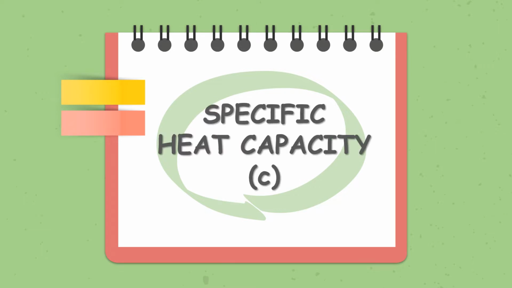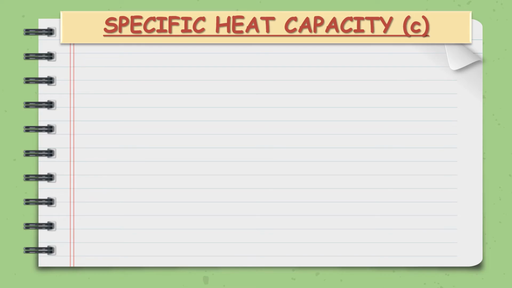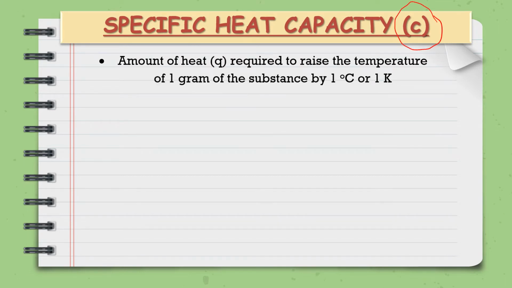Now, let's take a look at what is specific heat capacity. So, specific heat capacity, if you look here, the symbol is small c, is the amount of heat required to raise the temperature of 1 gram of the substance by 1 degree Celsius or 1 Kelvin. The difference between heat capacity and specific heat capacity is mass.